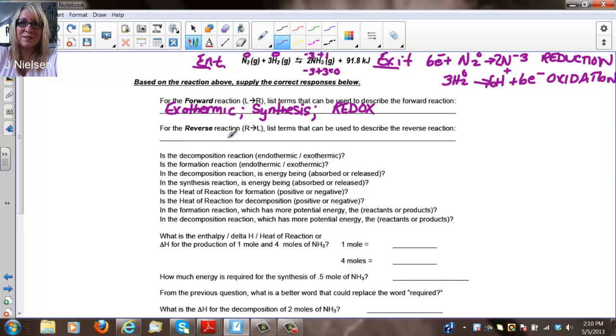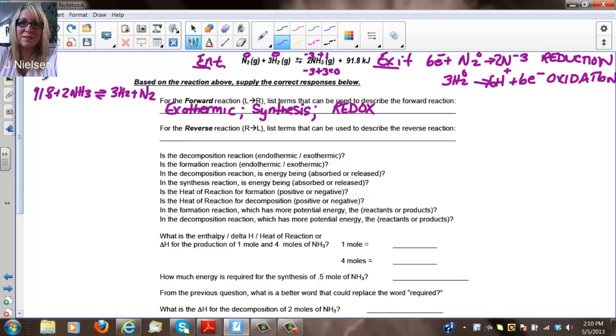For the reverse reaction, I would have 91.8 kilojoules plus 2NH3 yields 3H2 and N2. I really want you to see it, so I'm going to rewrite it: 91.8 plus 2NH3 yields 3H2 plus N2.